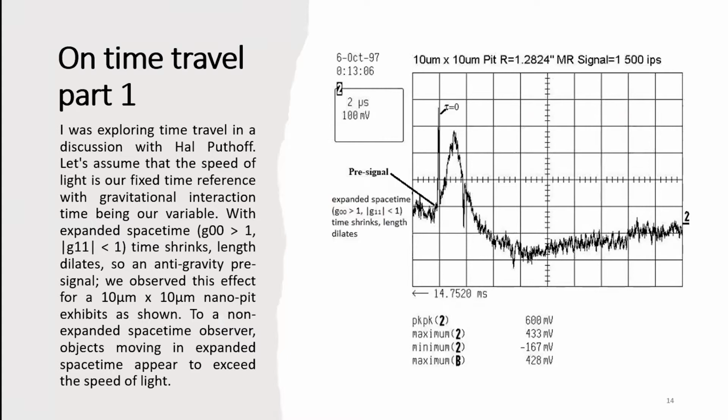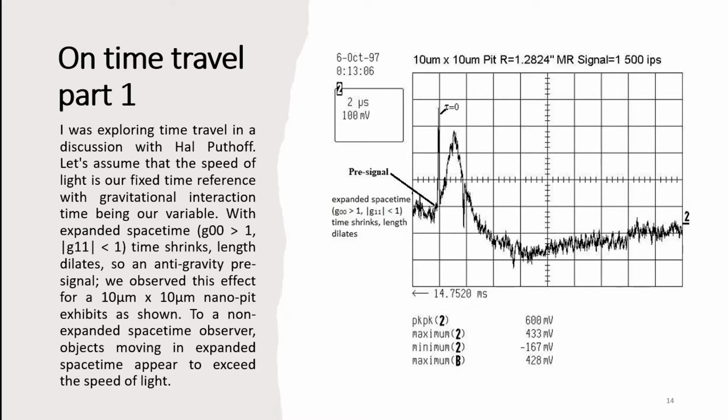So now I was exploring time travel in a discussion with Hal Puthoff on LinkedIn. Let's assume the speed of light is our fixed time reference, with the gravitational interaction time being our variable. With expanded space-time, time shrinks, length dilates, so an anti-gravitational pre-signal would be expected.